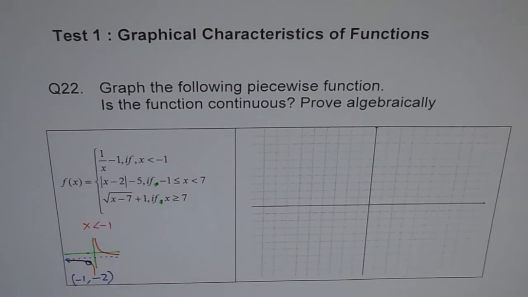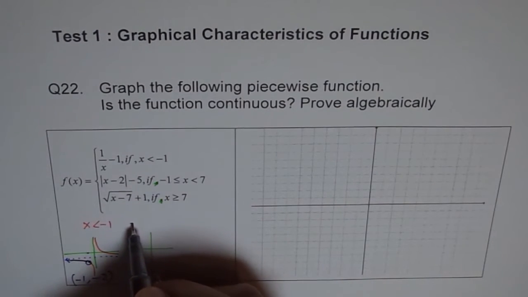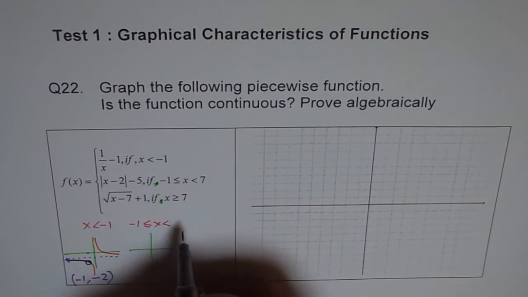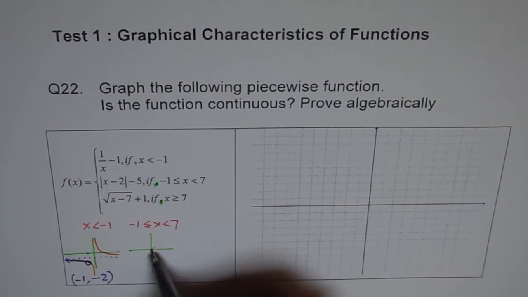Now let's look into the next piece. So the next piece is between minus 1 and 7, where minus 1 is included and 7 is excluded. And the type of function is an absolute function. So how should an absolute function look? Basically an absolute function is kind of like this, right?